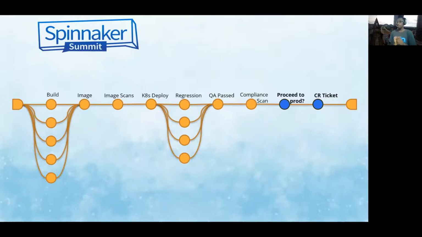But before then, remember we had the requirement of ensuring that we are compliant, or we replicate the existing ticketing system and also the existing change process. So part of the existing change process is that a ticket has to be raised, and so at this point we raise the ticket.